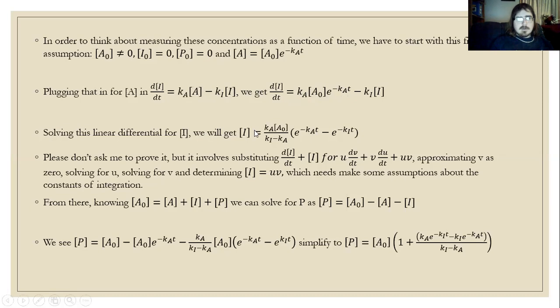Then solving the linear differential equation for I, we get that I equals Ka A0 over (Ki minus Ka), times (e^(-Ka t) minus e^(-Ki t)).